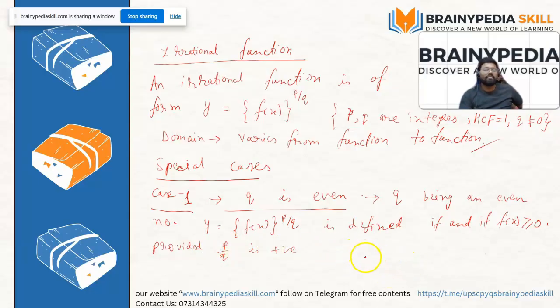Else f of x is greater than 0, provided p by q is negative, or less than 0. I am directly writing down negative only.